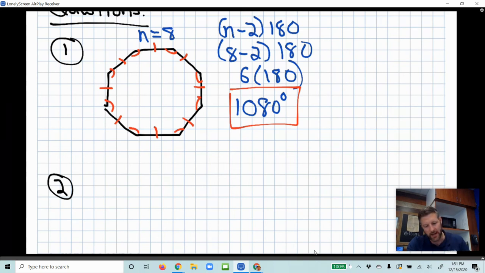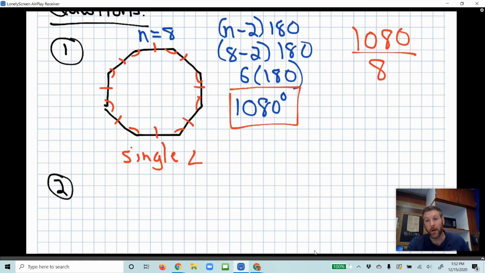So I can calculate one single angle by doing the total amount of degrees divided by the number of sides. To find the single angle of a regular polygon, it has to be regular, it's always going to be the angle total divided by n, our number of sides.